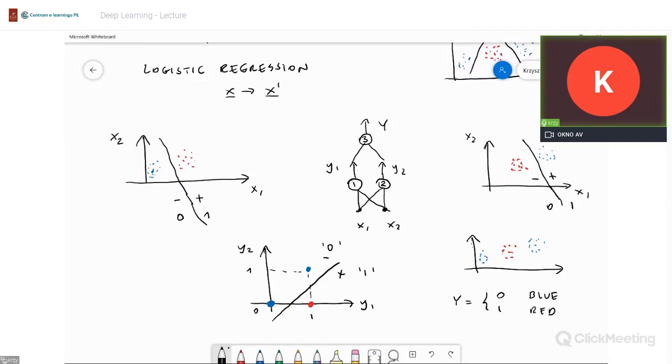So this is a qualitative analysis. It gives us an idea, first of all, that we can solve a problem that is not linearly separable using only devices that can solve linearly separable problems: neurons that make a very simple decision, only telling whether something is on the left or on the right of a line, or above or below a hyperplane.